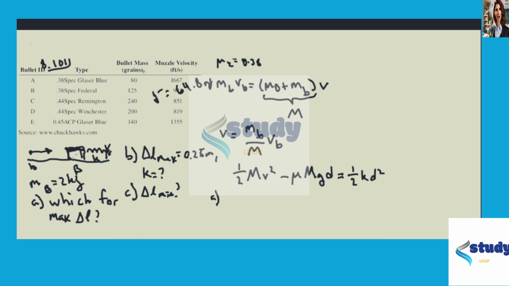We can just use units of grain feet per second. And doing that, we find that bullet C, and you just write these out in a little table on some paper or something, C gives you the maximum compression, and B gives you the minimum compression.